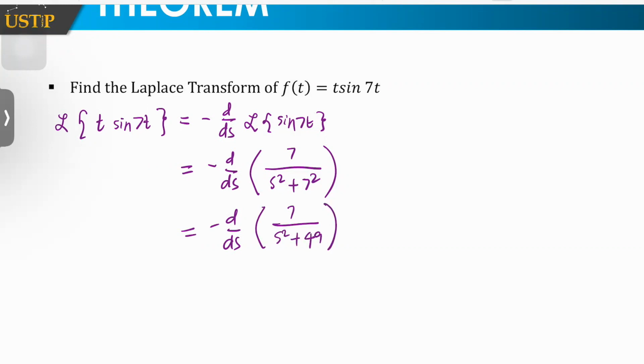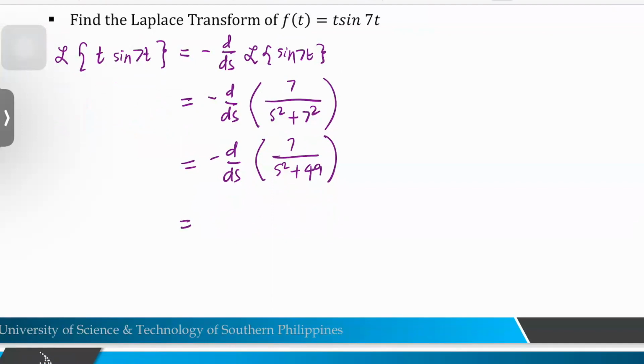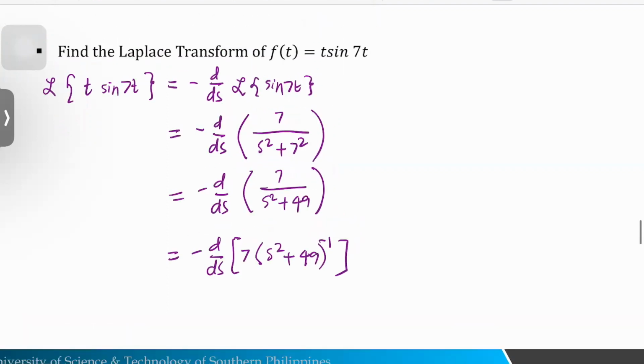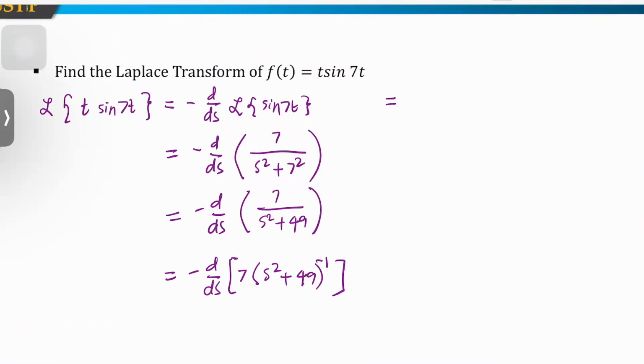Alright? And then, let's try to simplify lang ato ato sa siyang isaka ang quantity s squared plus 49 class para mas dali nato siya ma-differentiate. Okay, we have 7 times s squared plus 49 raised to negative 1. Right? And then we can differentiate. So let's just retain the negative here, kini. And then getting the derivative of that, we have ang 7, ato lang ipakilit, kaya that's a constant.